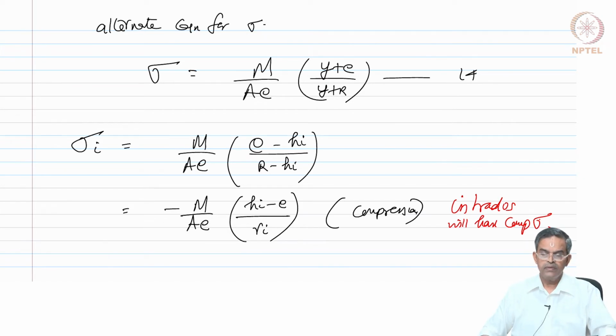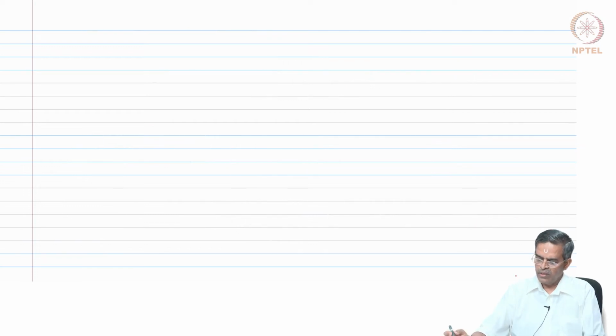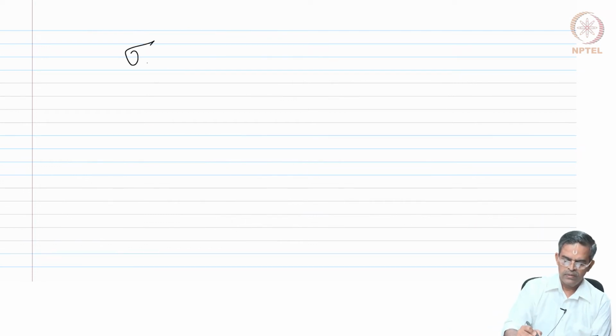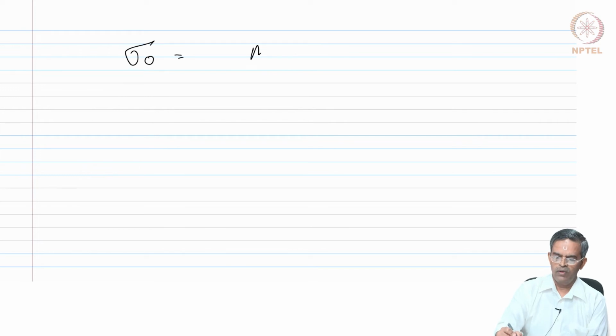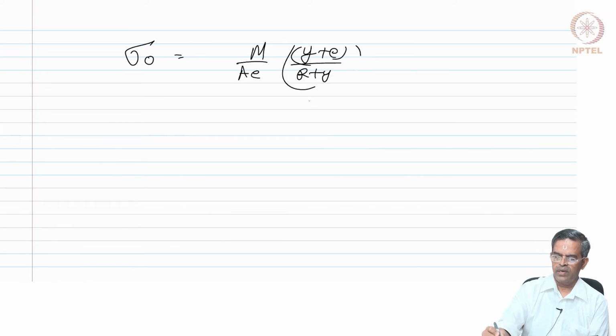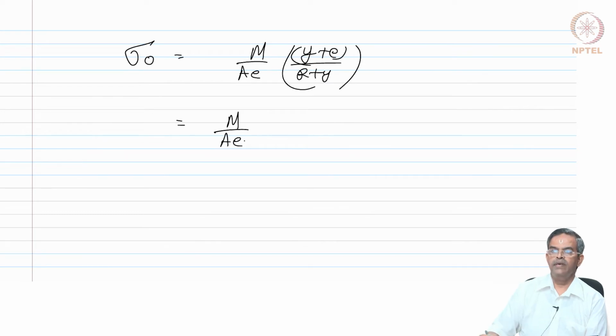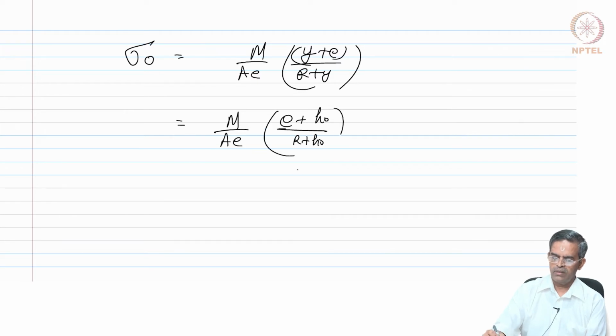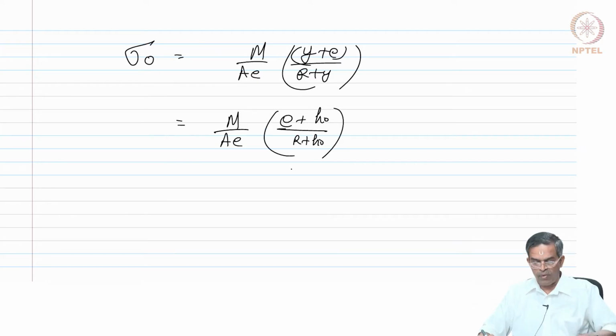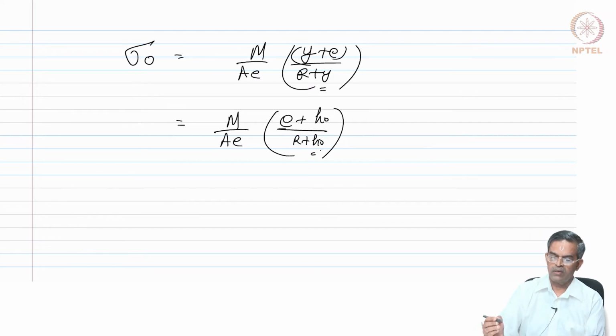Let us do it for extrados. Sigma o will be M by AE, y plus e by r plus y, which is M by AE, e plus ho by r plus ho. I am looking for the extrados point, so I am substituting this as ho.